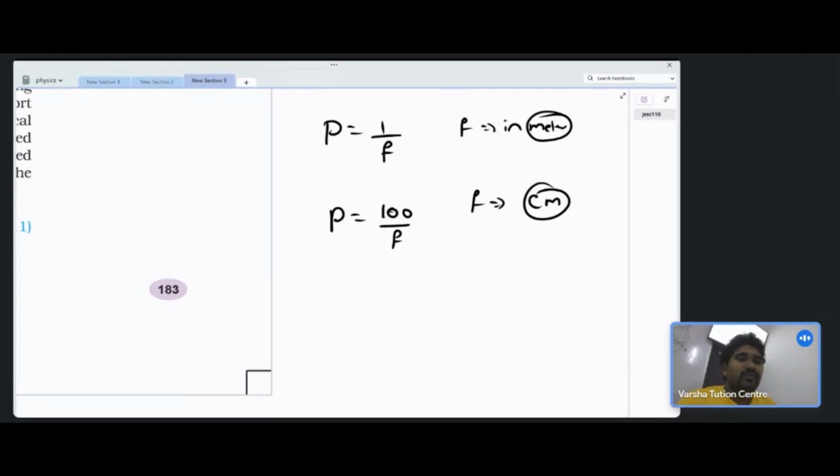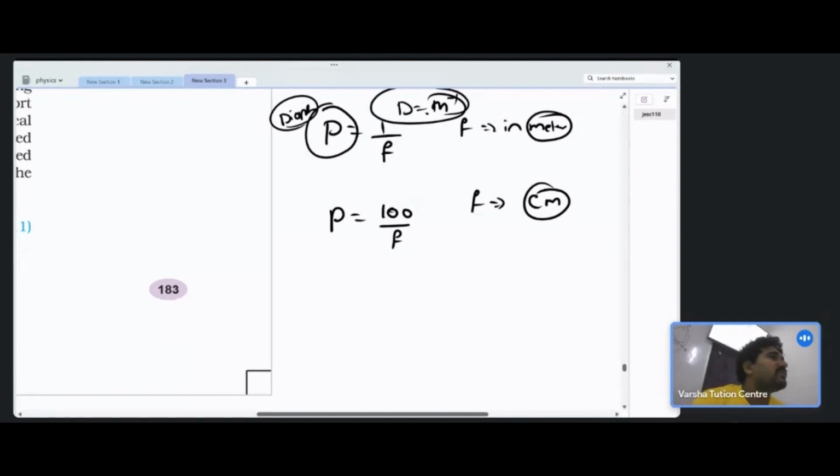Clear that thing now? What is the unit for P? It is diopter. Diopter is nothing but meter inverse. Sir, one more thing. P is positive 5, means P is equal to 5. Which type of lens and what is its focal length?